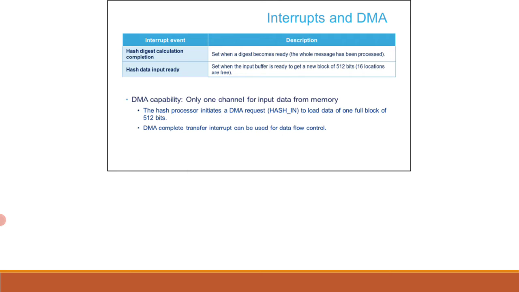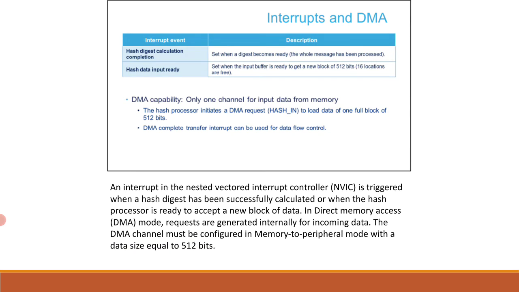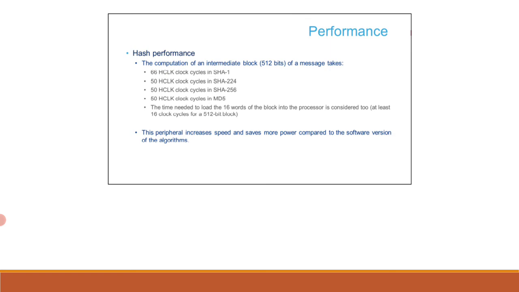In direct memory access mode, requests are generated internally for incoming data. The DMA channel must be configured in memory to peripheral with a data size equal to 512. Regarding the performance, these are the times it takes to process a single block of data depending on the chosen algorithm.